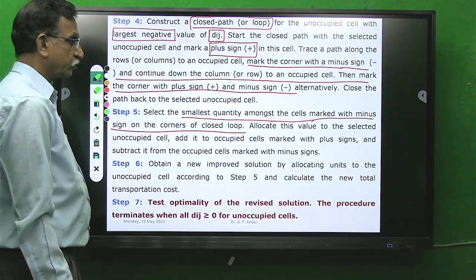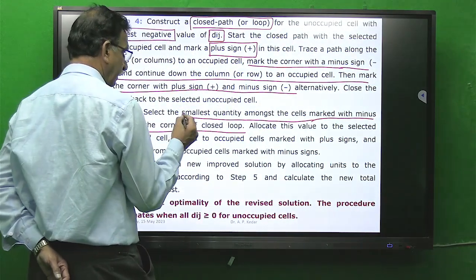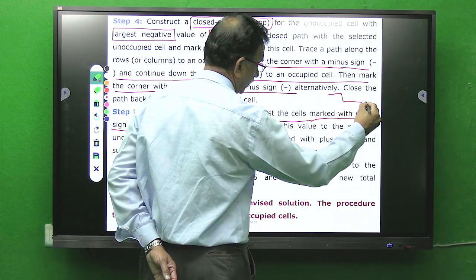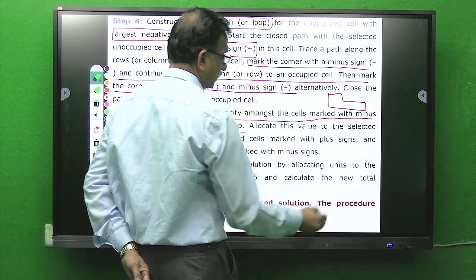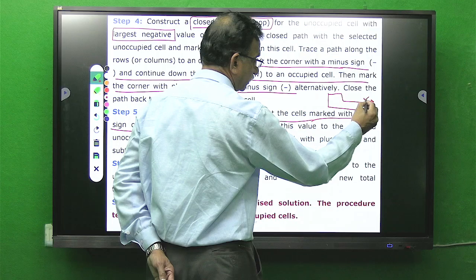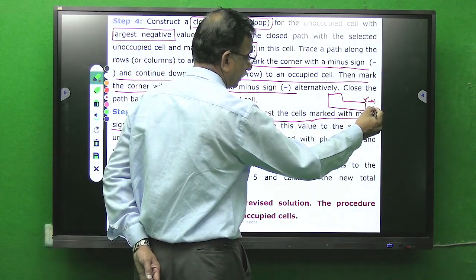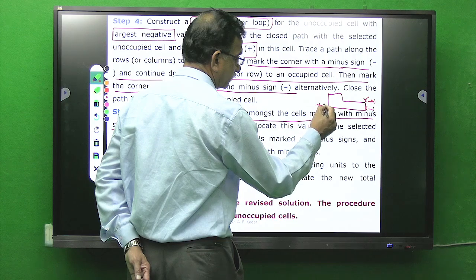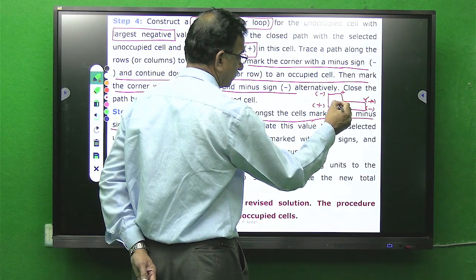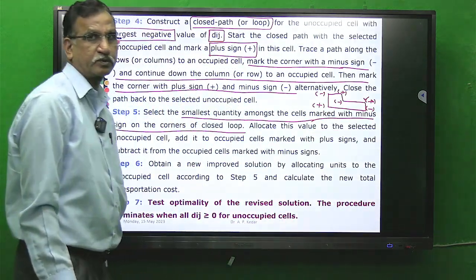Now suppose I get a closed loop like this, and suppose this is my starting point. So the starting point is to be marked plus, alternate corner minus, plus, minus, plus, minus. This is what we have to do when we will be solving the problem.